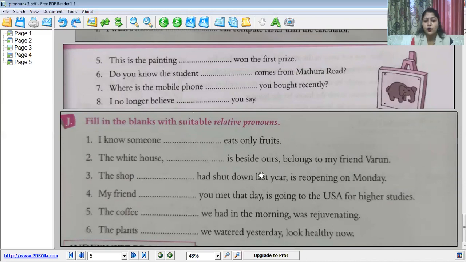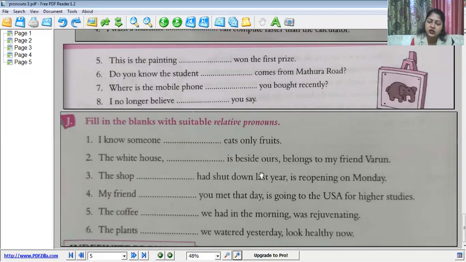The coffee which we had in the morning was regenerating. Regenerating is making you fresh. The plants that we watered yesterday look healthy now.